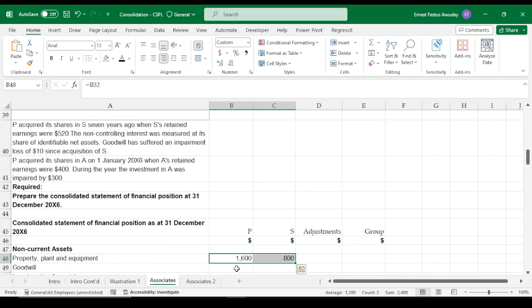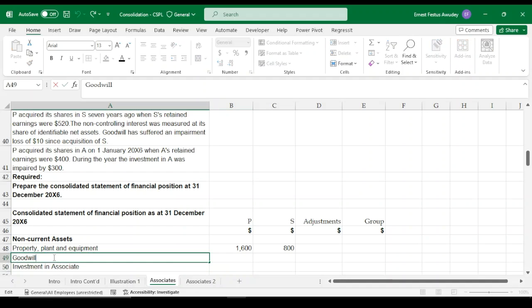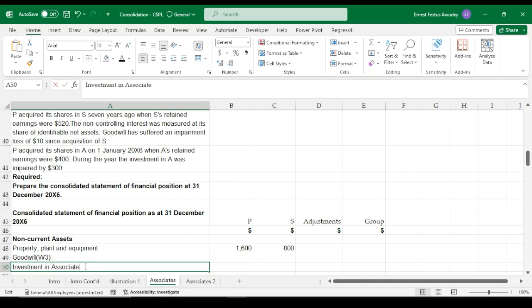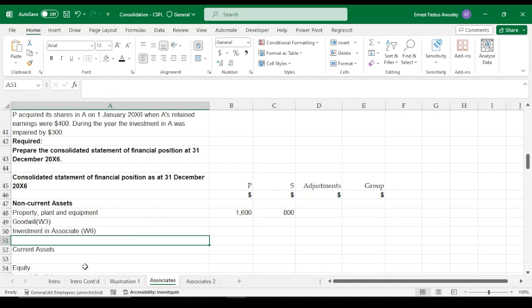Then we know that our goodwill is going to be calculated. So quickly I can come here, put bracket here, and then this is going to be my workings 3. You got that right? And then the investment in associates is the new item we are seeing. So quickly you should know that it's going to be our workings 6. All right, that's going to be our workings 6.